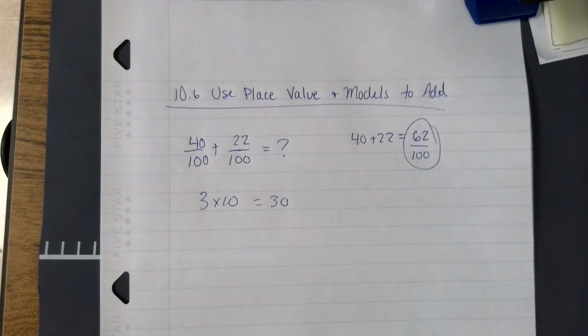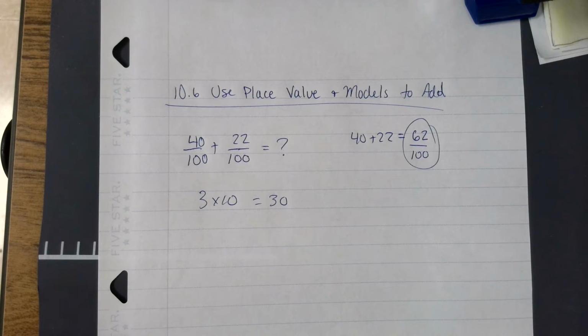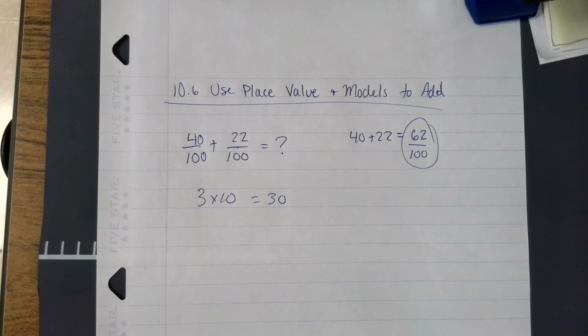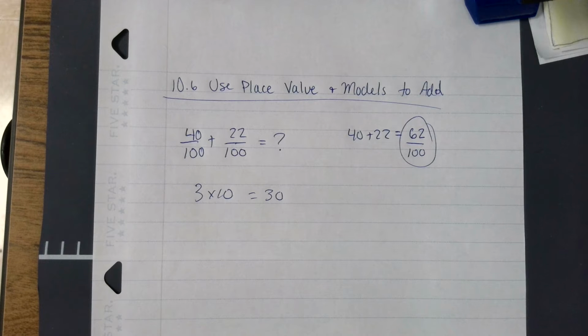So the main thing you need to look out for in today's lesson is the fact that you are probably going to have unlike denominators, but there's a very simple fix in how we can make them the same. Let's look at our next example.